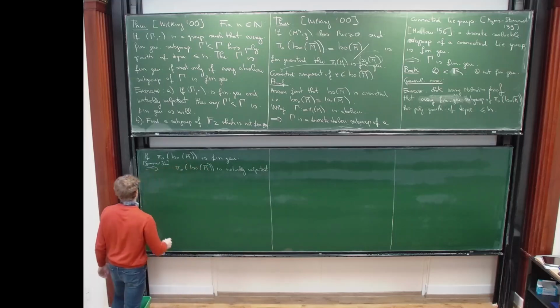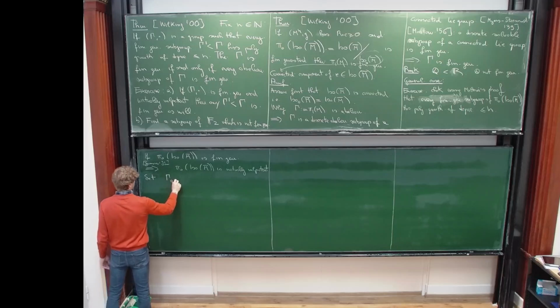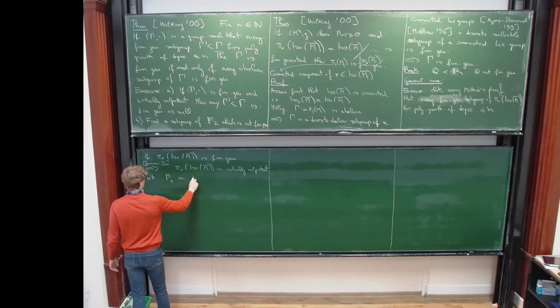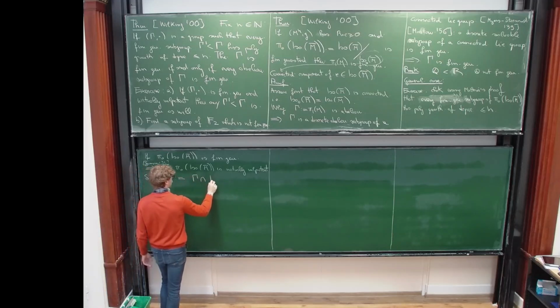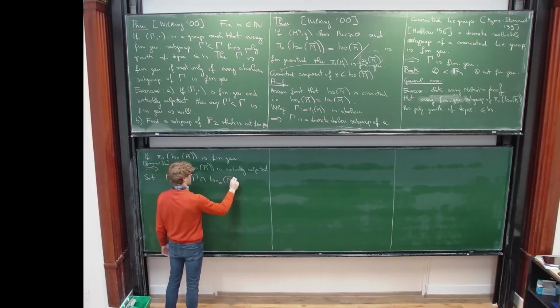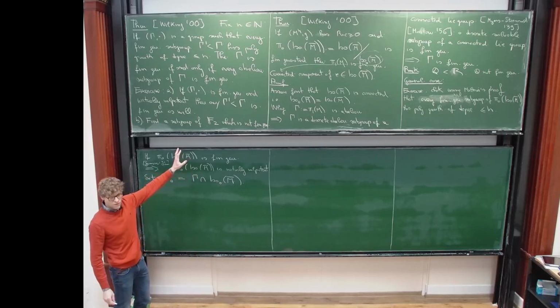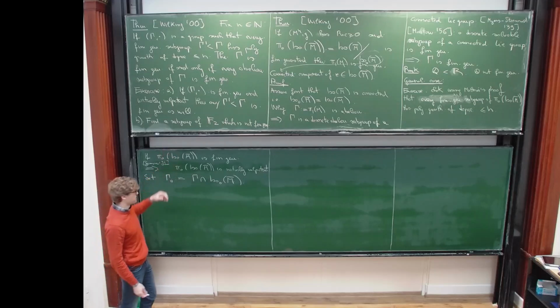Now we can set gamma 0 to be gamma intersected with the connected component of the identity. Note that by the first part of the proof, gamma 0 is finitely generated.